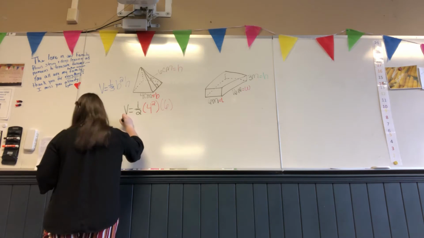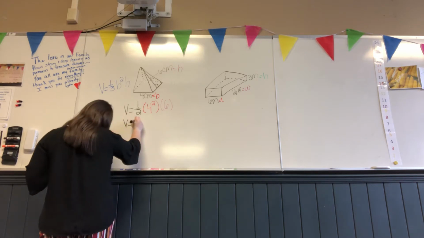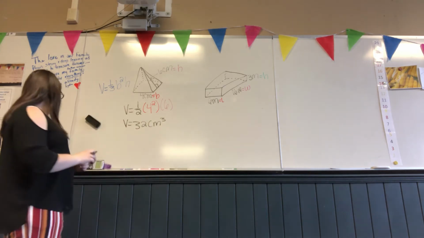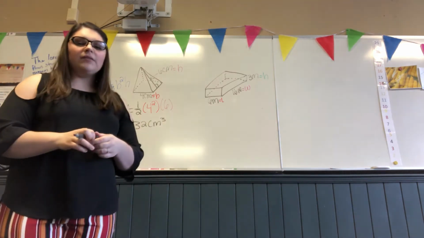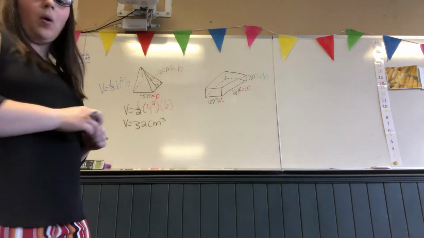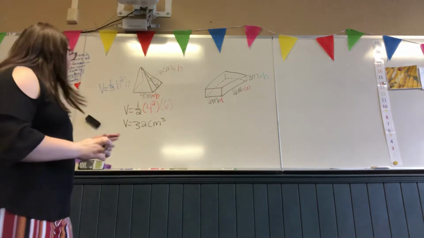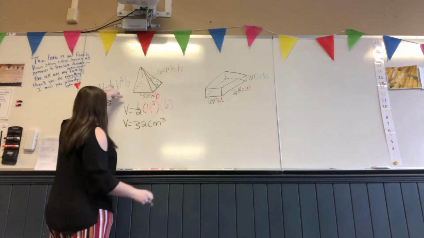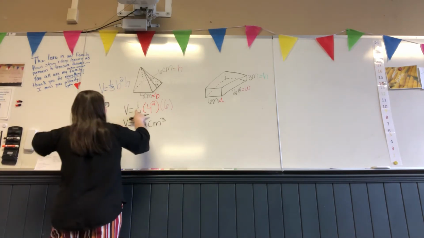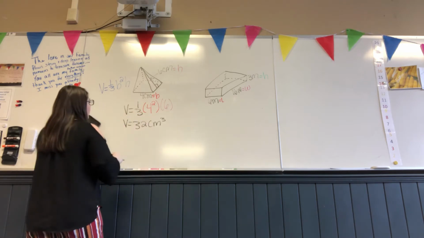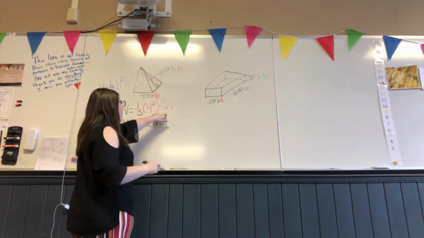So let's talk about that for just a second. That would be 32 centimeters cubed. On the paper, it's actually messed up a little bit. For the first example, we forgot to put 1/3 on that. Just remember that the formula is 1/3 base squared times the height, and I put 1/2 here. This should be 1/3 as well. So then 1/3 times 4 squared times 6.